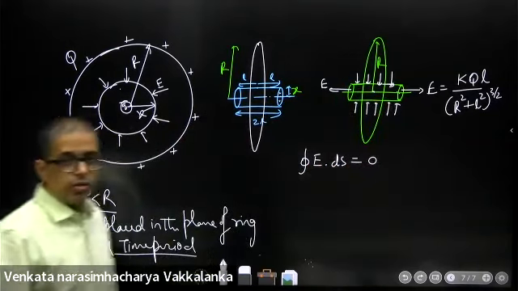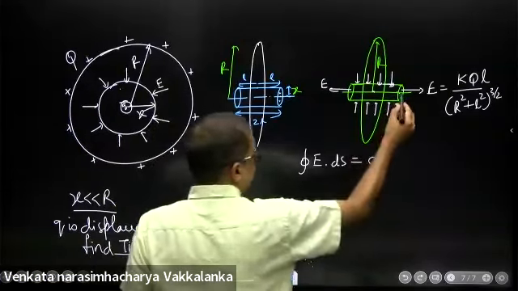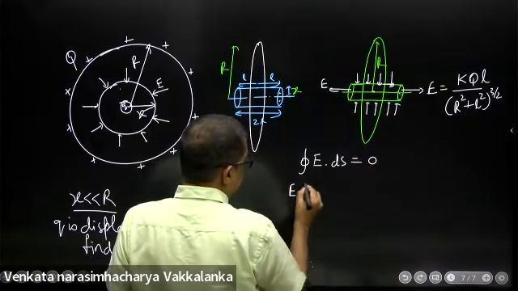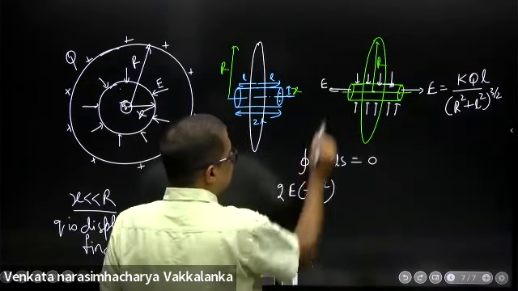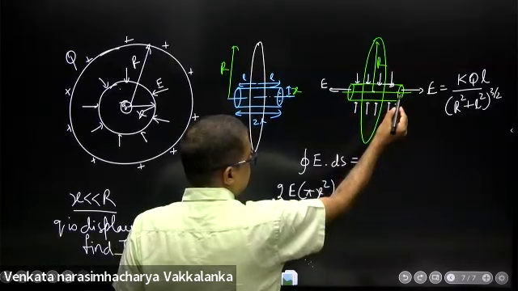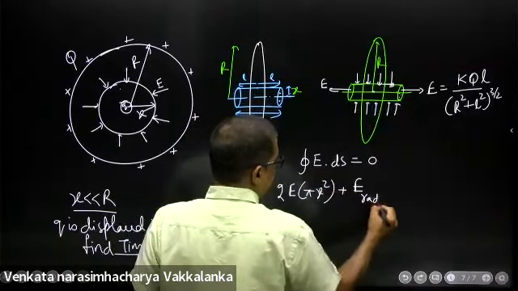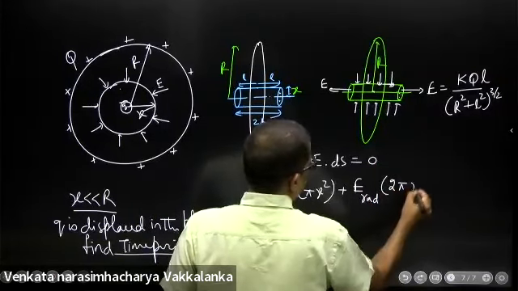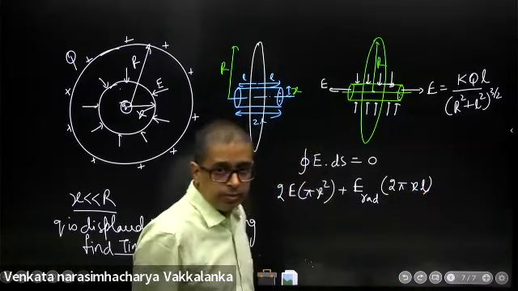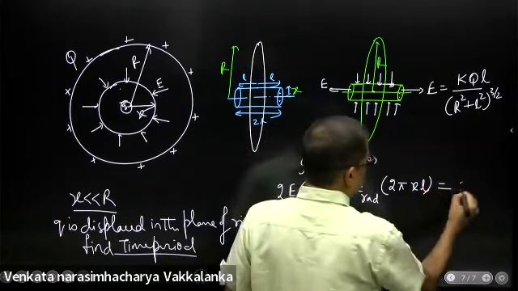What is the charge enclosed inside? 0. Now, field here into area will be pi x square into 2, this side and this side, plus field in the radial direction into the curved surface area 2 pi xl, should be equal to 0.